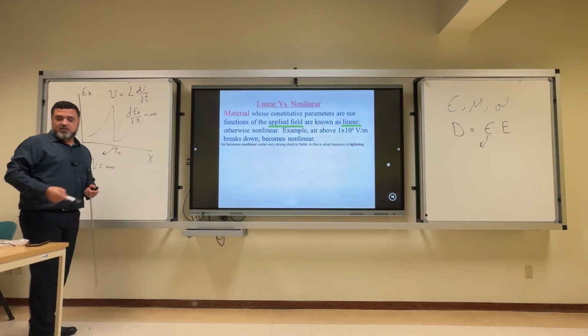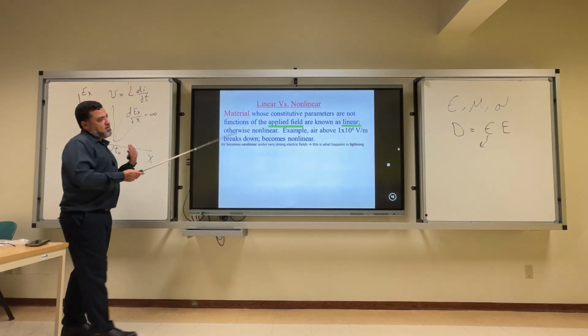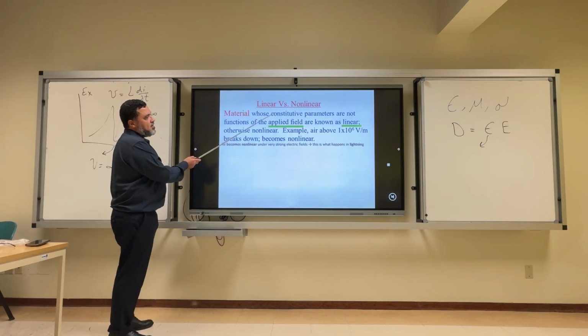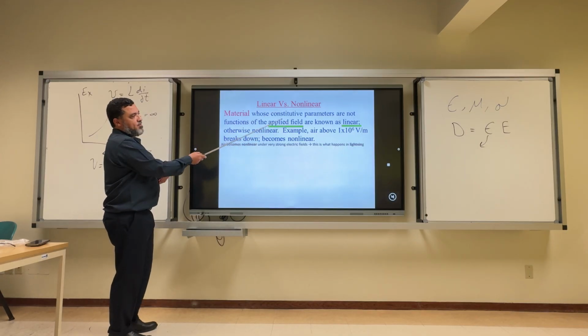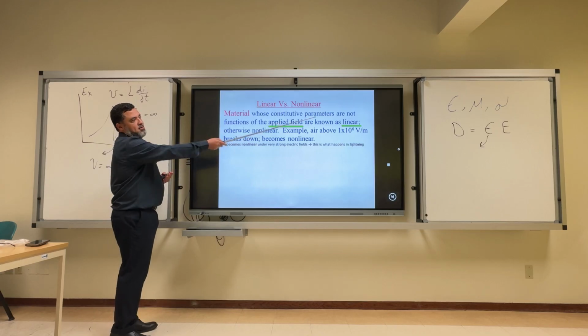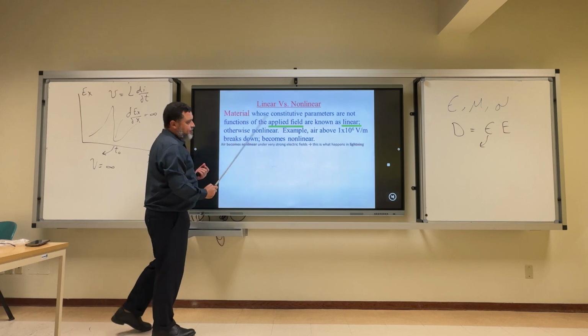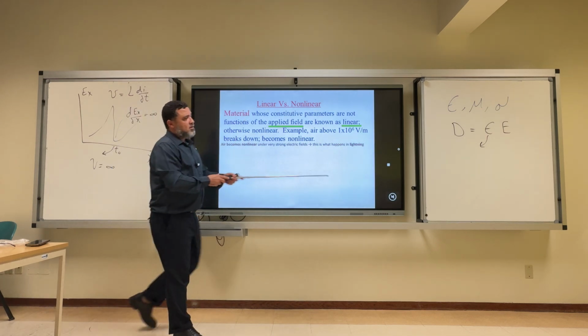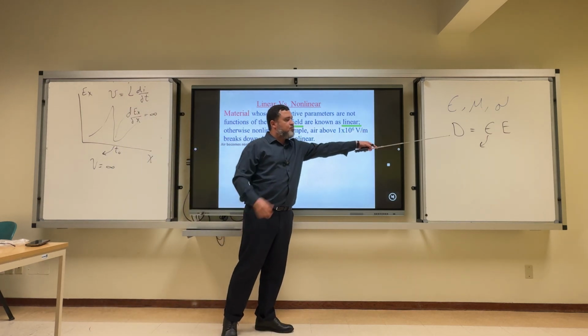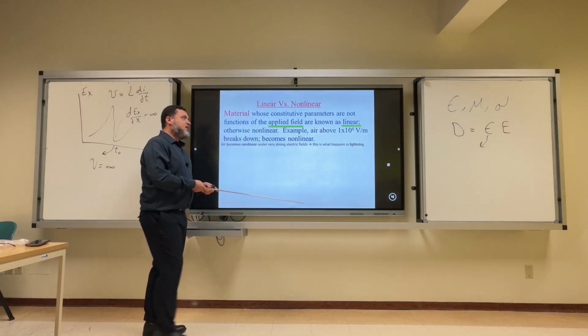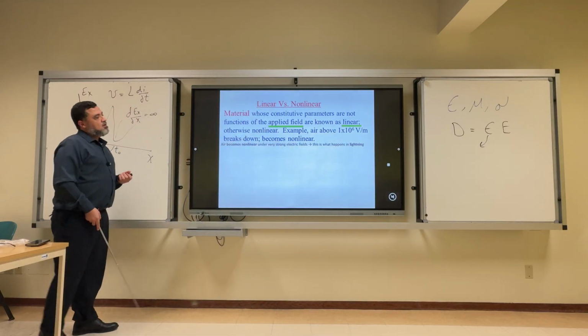Otherwise, it will be non-linear. In linear material, the constitutive parameter is independent of the applied field. Regardless of the applied E and H, this parameter will be the same. Epsilon will be constant regardless of the field. Otherwise, if the parameter changes with the electric and magnetic field, it is non-linear material.